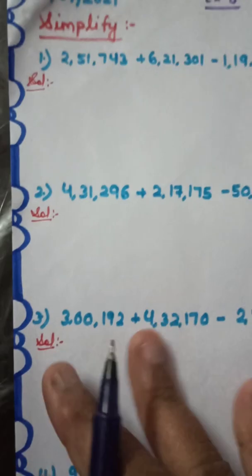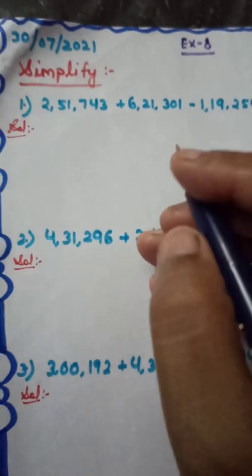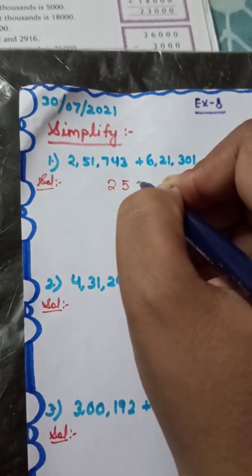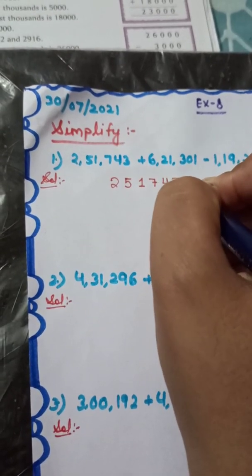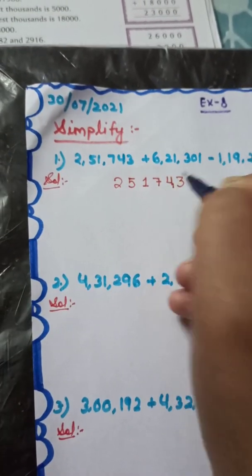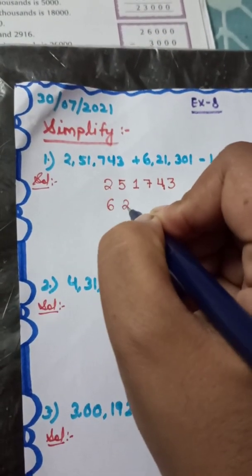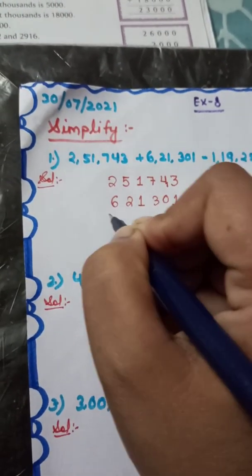First of all, arrange these first two numbers vertically. Okay, let us arrange them. 2 5 1 7 4 3. Done. Now this one, 6 2 1 3 0 1.